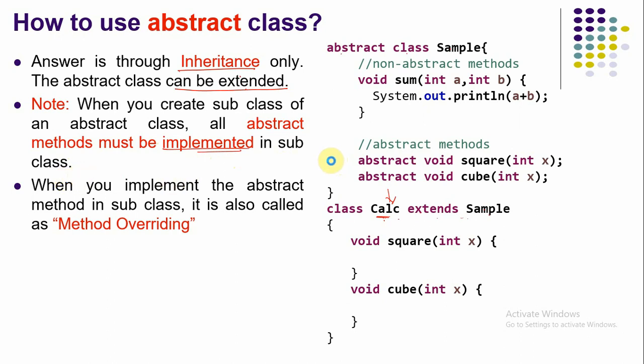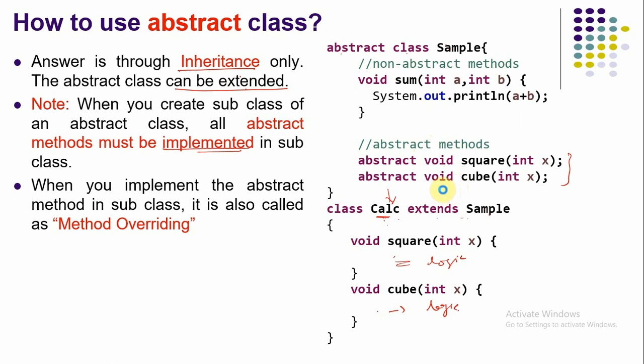That is another rule, because we are creating a subclass. These functions are not implemented in the abstract class, right? So the abstract class forces the subclass to implement these two functions, square function and cube function. Here we have to write the logic for the square function, and here we have to write the logic for the cube function.